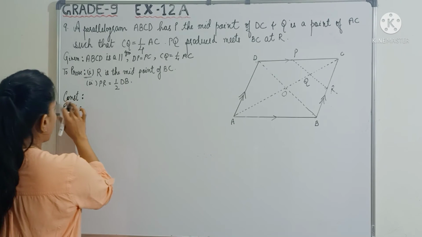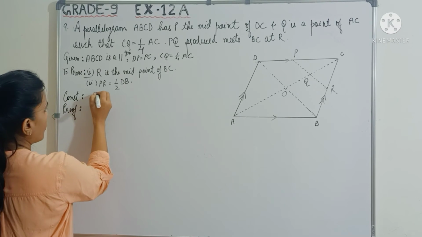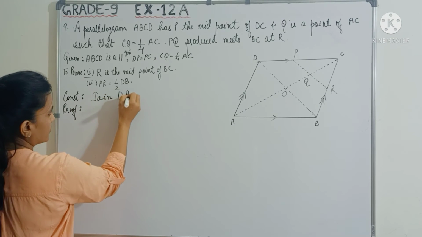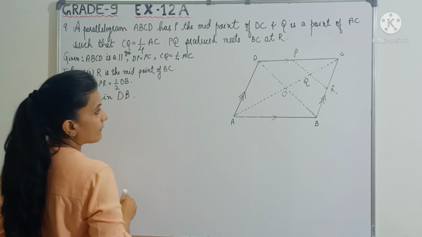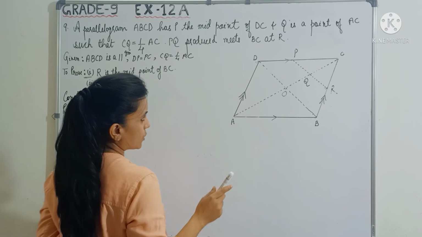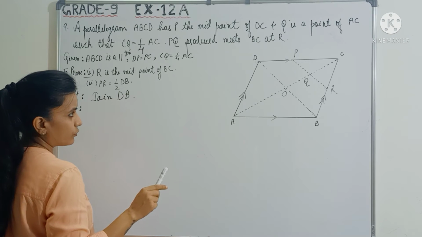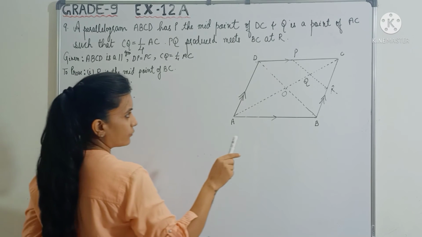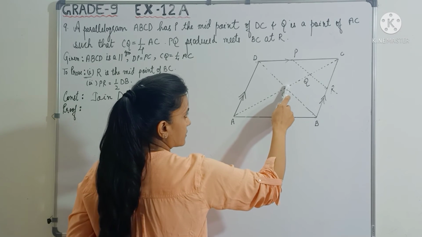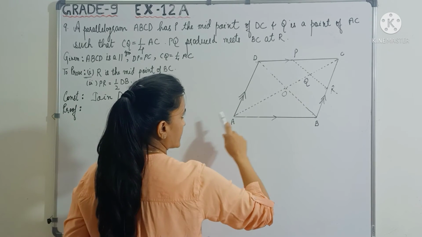So let's write down whatever we have discussed. First let's write down the construction. We joined DB, right? Now from where will you start writing? Basically here first we have to show that OC is half of AC, right?